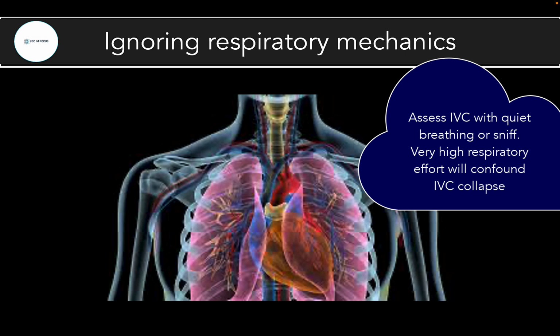So those patients who are working really hard to breathe, IVC collapsibility becomes much less reliable. And furthermore, any patient who's receiving a mix of positive pressure and negative pressure ventilation, so patients on BiPAP or CPAP or pressure-supported ventilation modes, IVC collapsibility really becomes a wash and is very difficult to interpret.